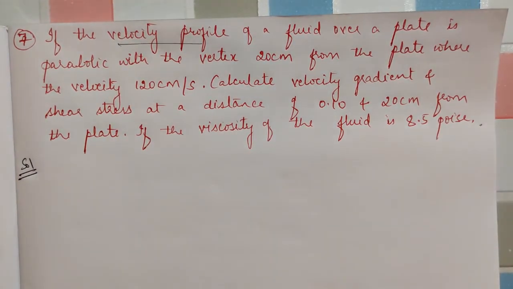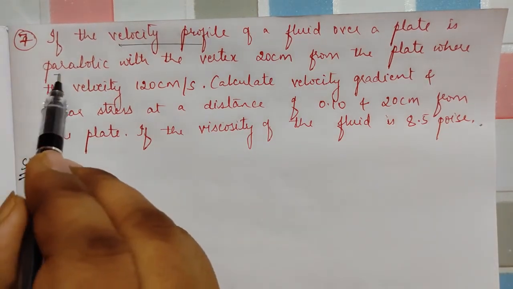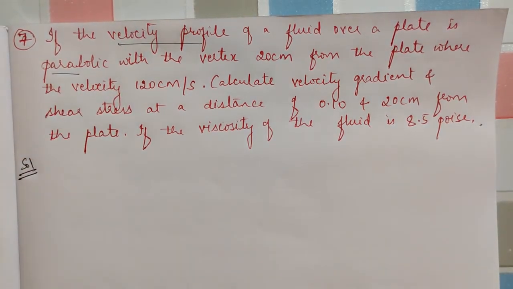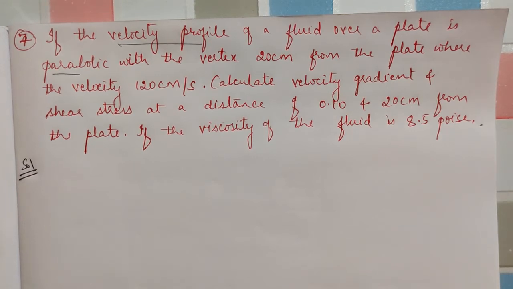So if the velocity profile of a fluid over a plate is parabolic, with the vertex 20 centimeter from the plate where the velocity is 120 centimeter per second, calculate velocity gradient and shear stress at a distance of 0, 10 and 20 centimeter from the plate if the viscosity of the fluid is 8.5 poise.